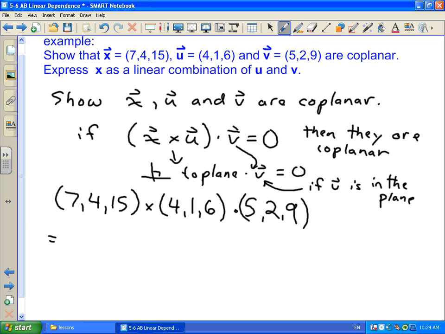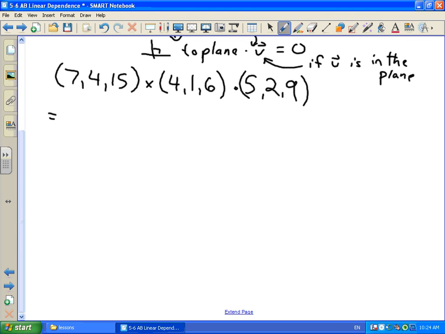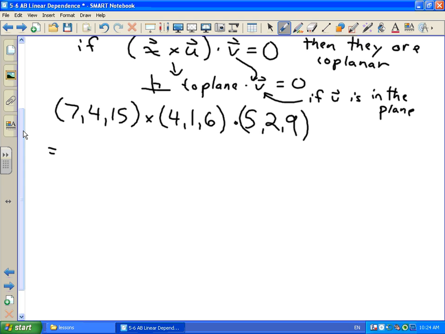Okay, so let's do our cross product here. We can set this up over in the corner. I, j, k, 7, 4, 15, 4, 1, 6.